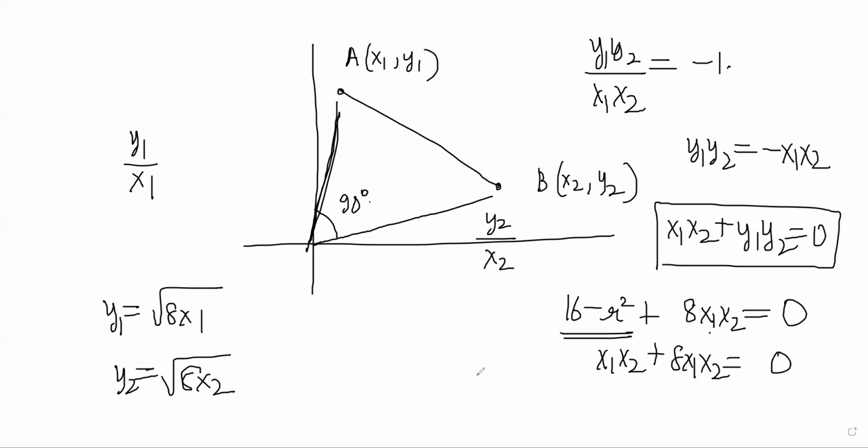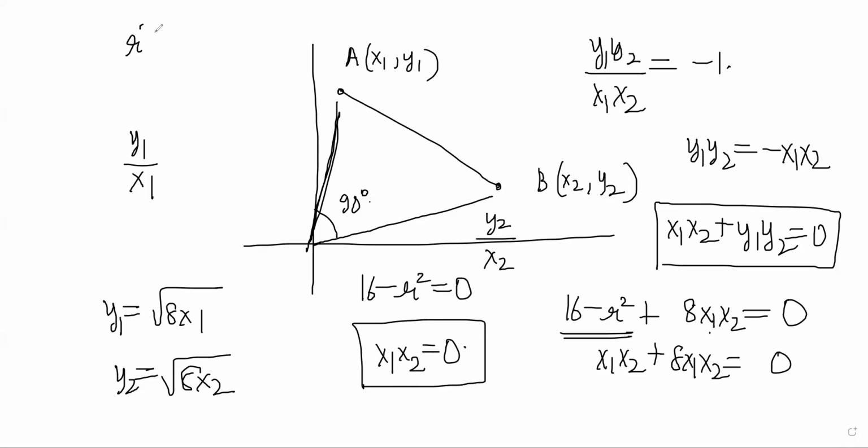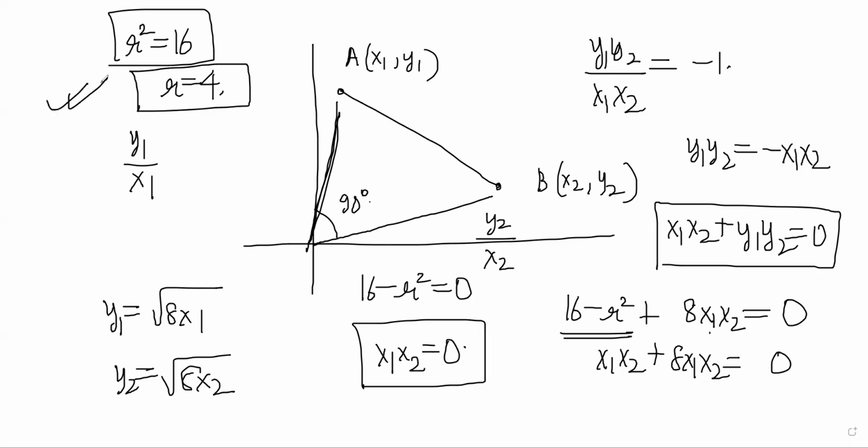So we are getting 9x1x2 is 0. So x1x2 is 0. But that means 16 - r² is 0. And that means r² is 16. And basically r is equal to 4. There are other ways to do this problem also, but this definitely solves the problem. We have proved that that particular circle has a radius of 4.